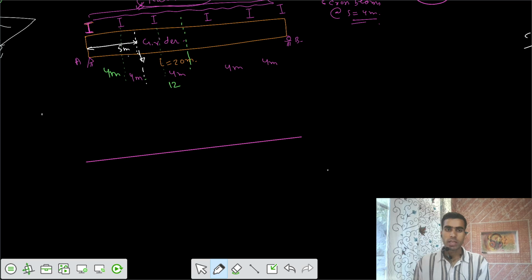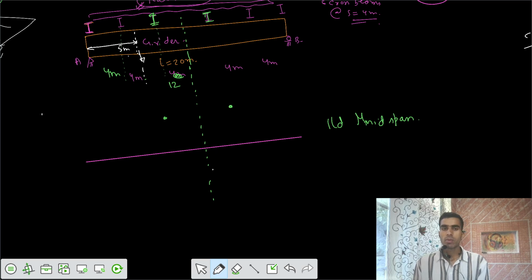If this is your section, and we need the ILD for moment at midspan, then we have two panel points. One is panel point 1, then the second one.